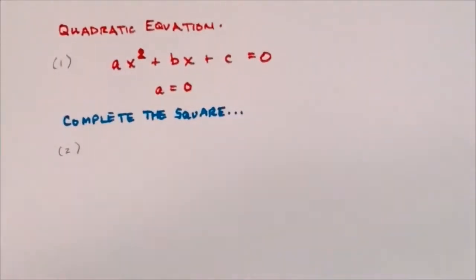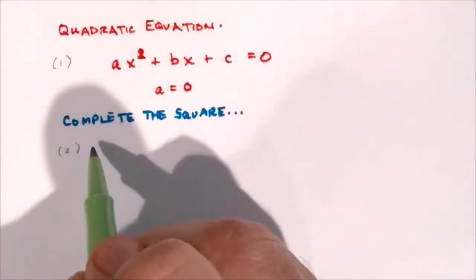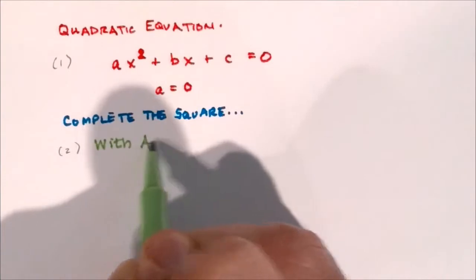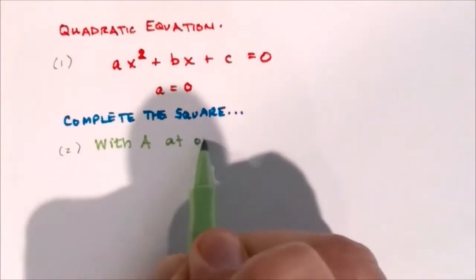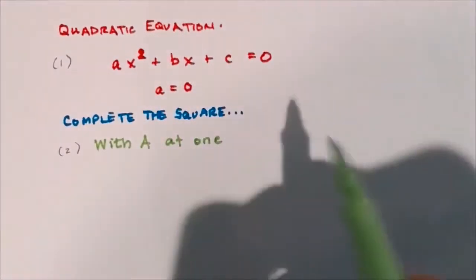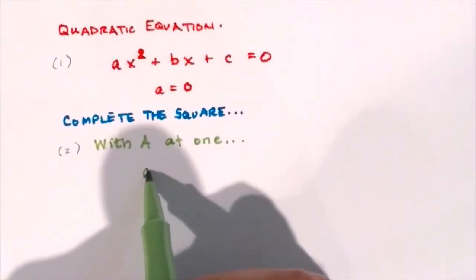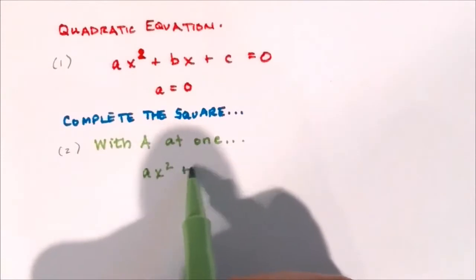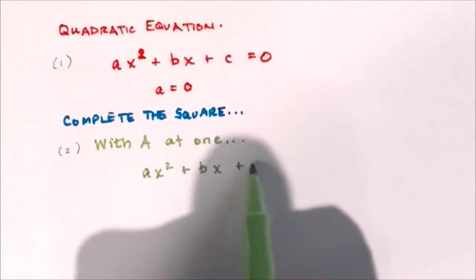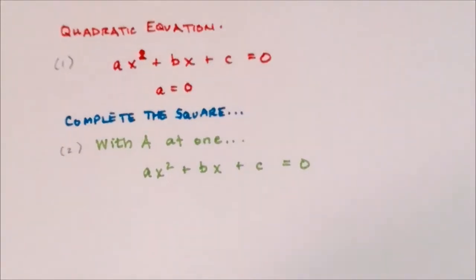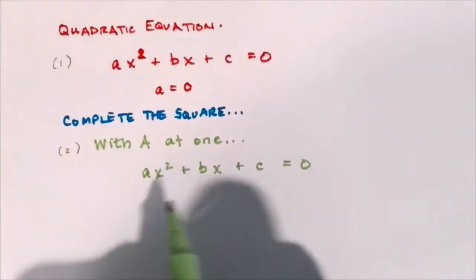Line 2 is going to be the limey line. With a at 1. I currently have ax squared plus bx plus c equals 0, and I want a to be 1.